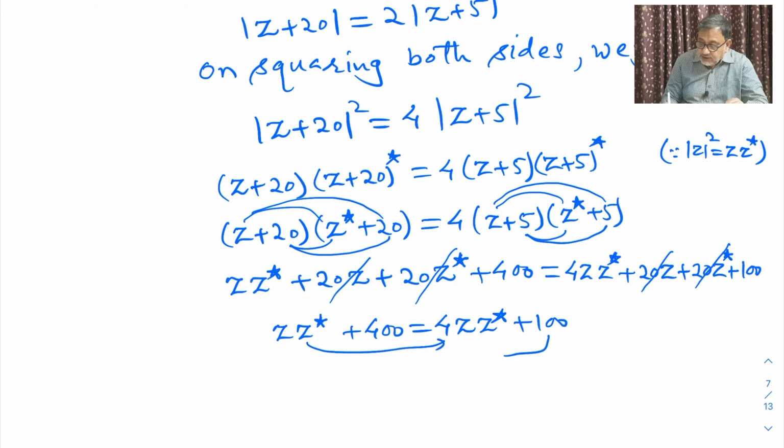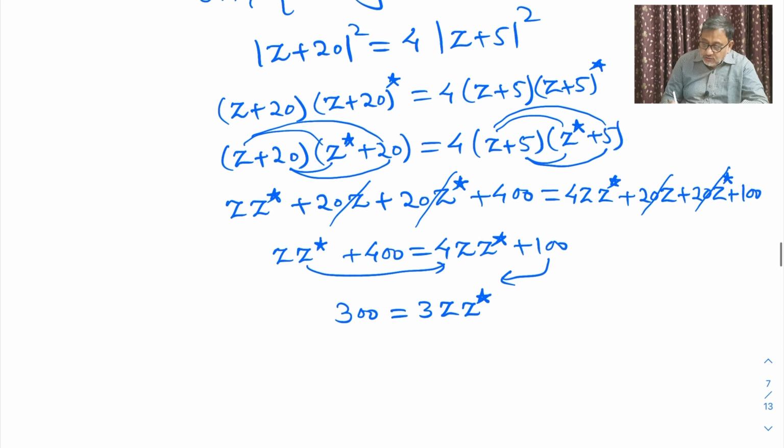This one I will take there and that I will bring here. So 400 minus 100, 300. 4 minus 1, 3 z z conjugate. So now again I will bring 3 here and divide. So z z conjugate is 300 over 3, which is 100.